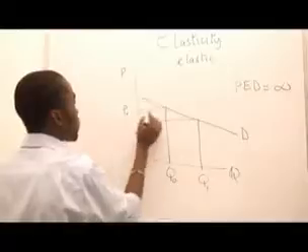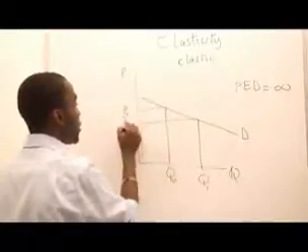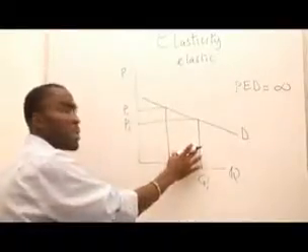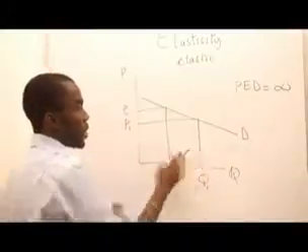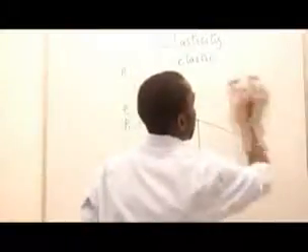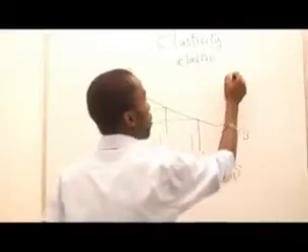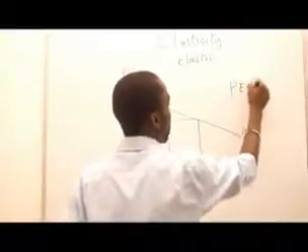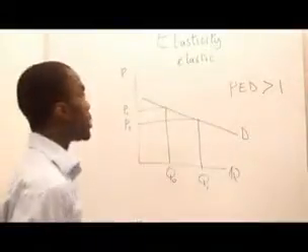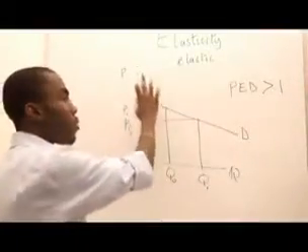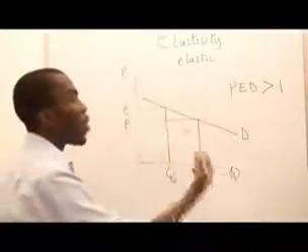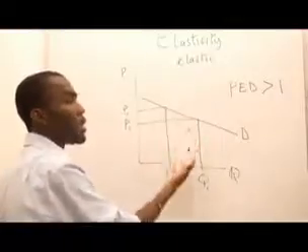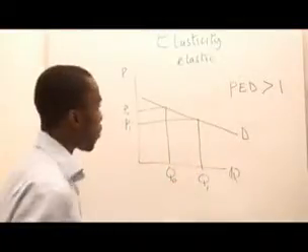So that we have a small price unit change, but it leads to a greater quantity change. So for this case, our calculation will give us a price elasticity of demand which is greater than 1. This basically means that a unit increase in price will lead to a more than 1 unit decrease in quantity.